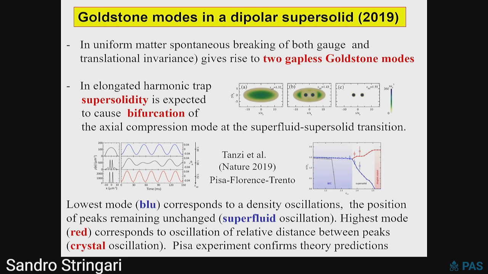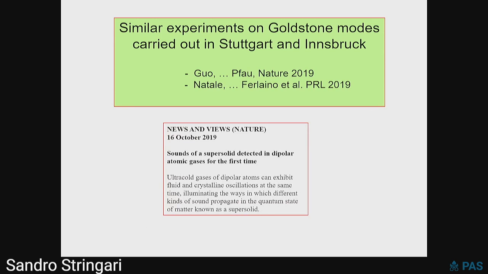One is characterized by a crystal type of nature, where the positions of the clusters oscillate in a collective way, and in the other, the positions of the clusters remain fixed, but the density oscillates from one cluster to another, exhibiting a typical Josephson-like phenomenon. These two oscillations were observed experimentally, and similar experiments have been carried out the same year in the group of Tilman Pfau and in the group of Francesca Ferlaino, and in particular in the journal Nature, in the News and Views report, the importance of this result was emphasized because of the new nature of sound propagating in this configuration.